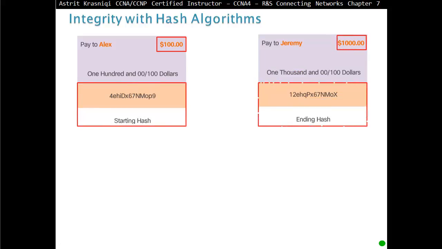Since it's one-way hashing, there's no way, or at least it's very challenging, to get from this hash to the actual data. But it's very easy, very simple, from the data to create the hash. So as it goes to the destination, it will create its own hash, and if the hash matches, good, we have the integrity. If the hash does not match, then the data has been tampered with.